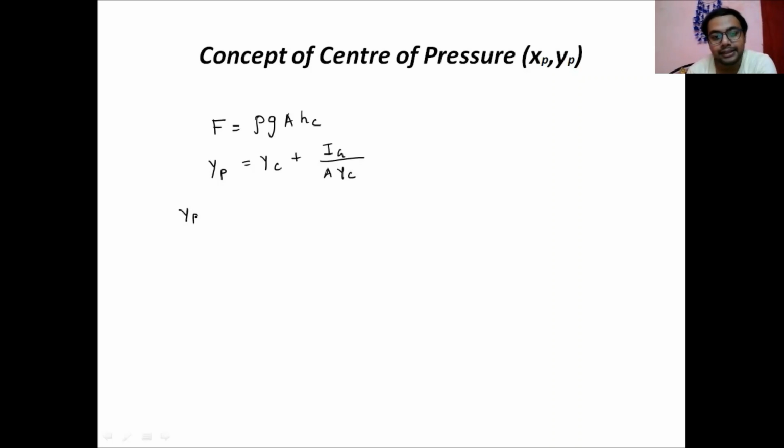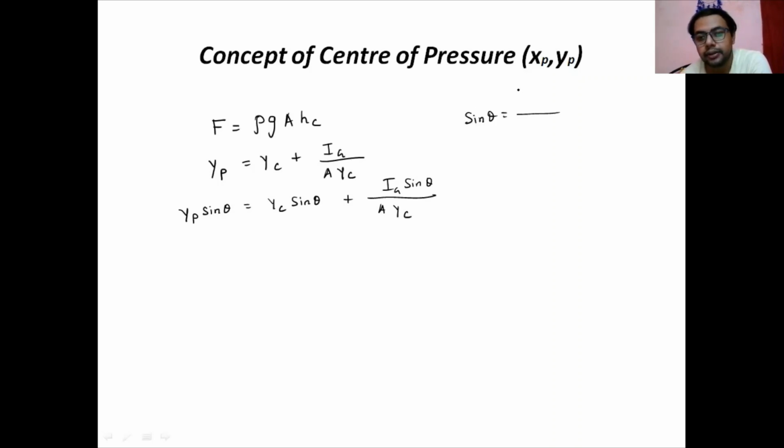If you multiply this with sine theta on both sides, because you know that sine theta is equal to hc by yc, hp by yp, all equal to sine theta.